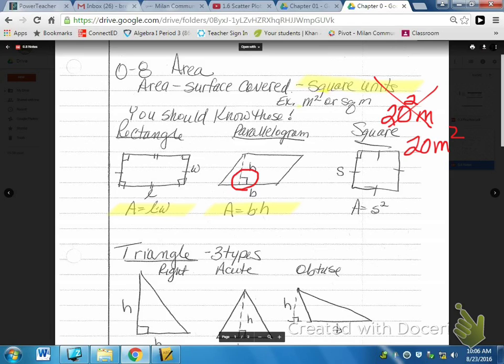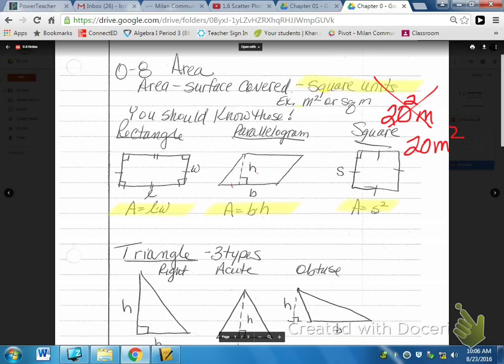That right angle means that this is the actual height of the parallelogram, and that's the distance that you use. It's base times height, not length times width, on a parallelogram. It makes a difference. All right, a square, since all the sides are the same, technically it's length times width, but since the sides are the same, it's really side squared. So side times itself. So those are the basic shapes: rectangle, parallelogram, square.